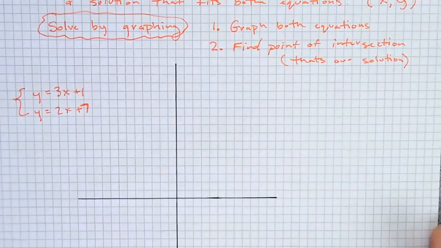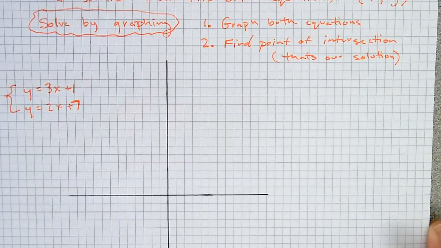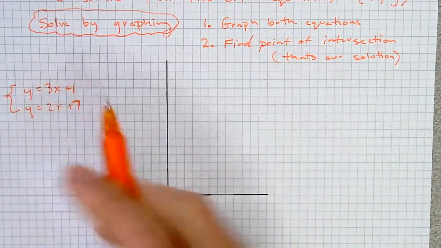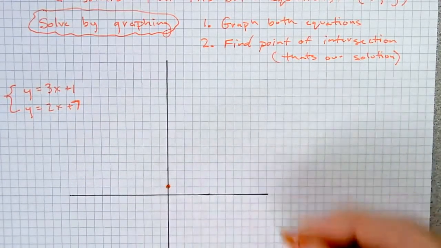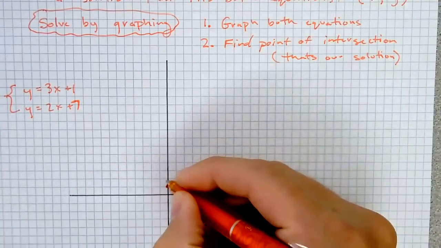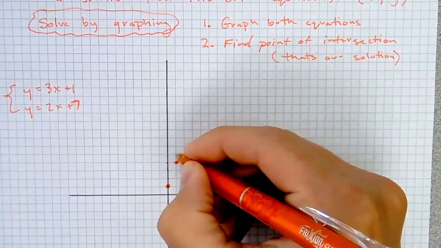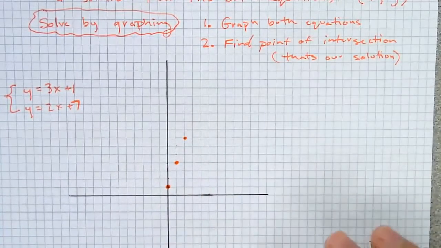Now I'm starting to regret picking those numbers, but that's okay. We'll see if we can make it work. When graphing the first one, we start with our y-intercept of 1. So that's our first point. And we have a slope of 3, so it goes up 1, 2, 3, over 1, up 1, 2, 3, over 1.